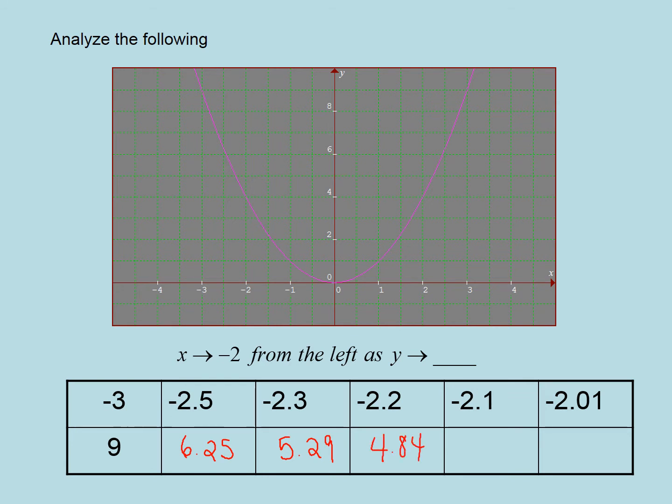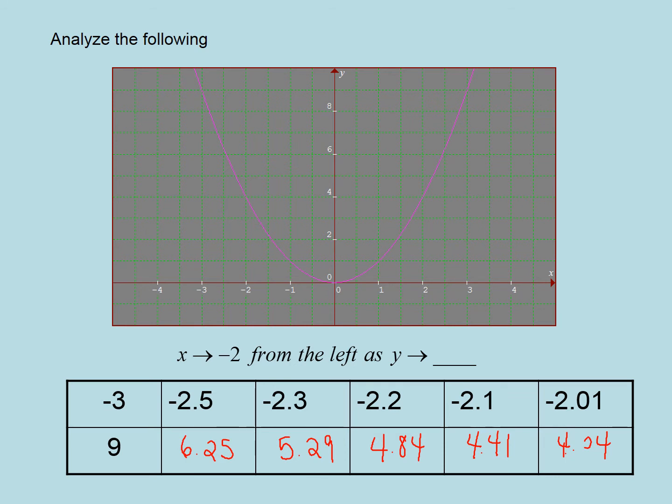-2.2 squared is 4.84, -2.1 squared is 4.41, -2.01 squared is 4.04. It appears that the y values are approaching 4.